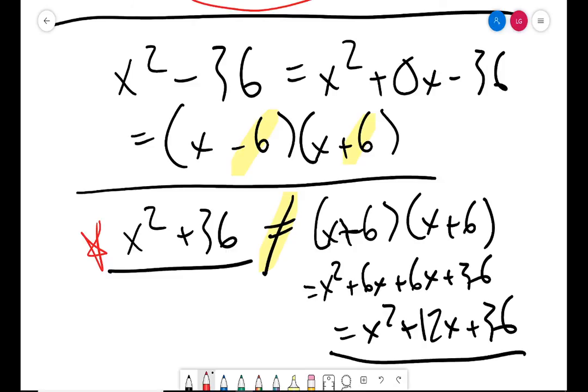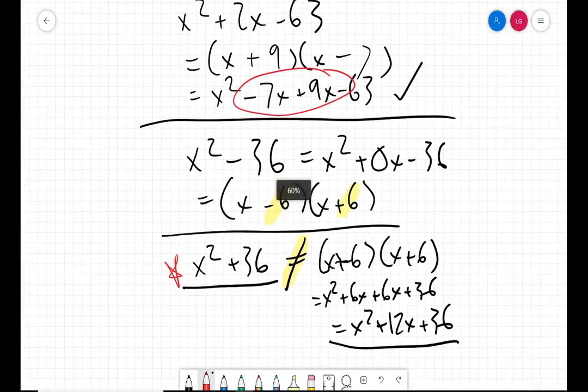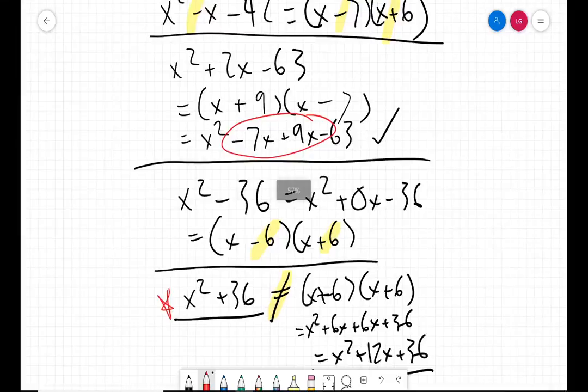The letter i stands for the imaginary number square root of negative 1. That's appropriate here, not necessary to know, but it's useful to think about if you've come across that idea. But in general, when we're factoring in the real numbers, we can do nothing with x squared plus 36. That is fully factored.